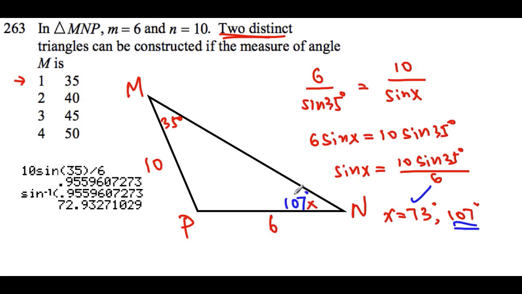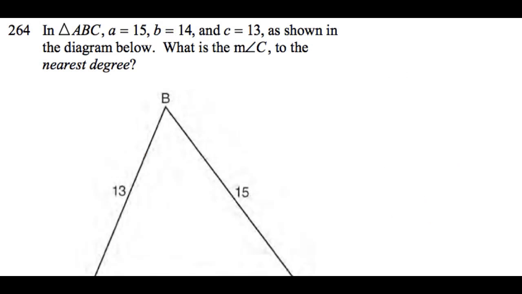Once again, it doesn't look like 107, but assuming that it is, not drawn to scale. So then 142 still is less than 180, so it gives us room for the third angle. That means both answers are possible. That means N can be two different angles, which creates the two distinct triangles. So the first one was correct. And you will realize that if you have to go for the second or third or fourth choice, that will not be possible. All right, let's look at 264.